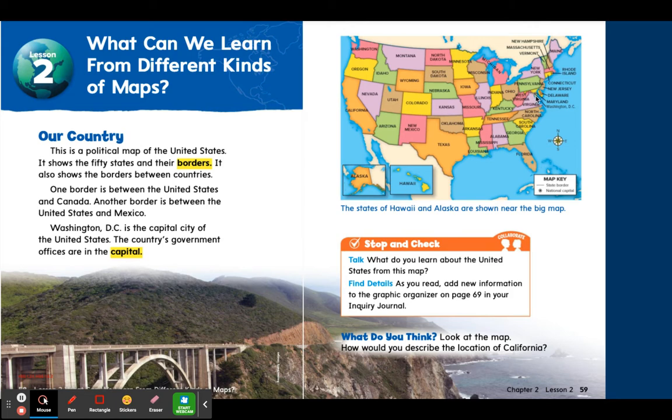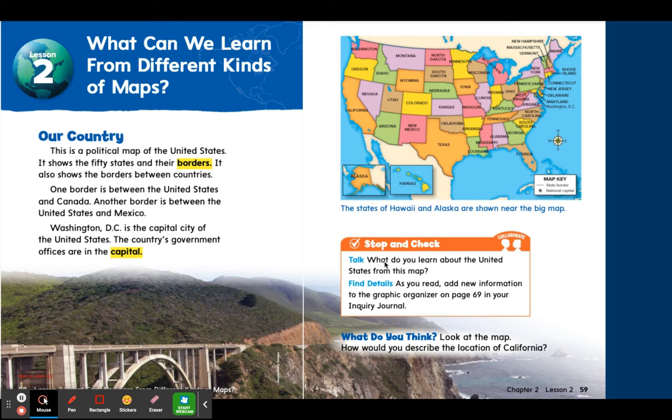So that is Washington, D.C. right there. Okay. So the states of Hawaii and Alaska are shown near the big map. If you guys look over here, they show them like this because they're off the map. So here is Hawaii, and then this is Alaska.